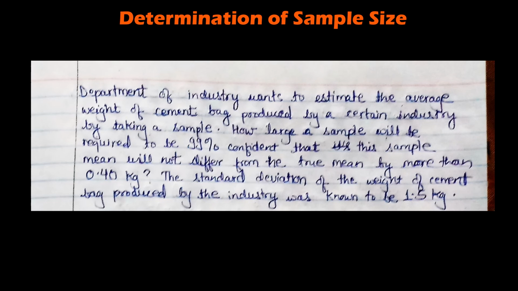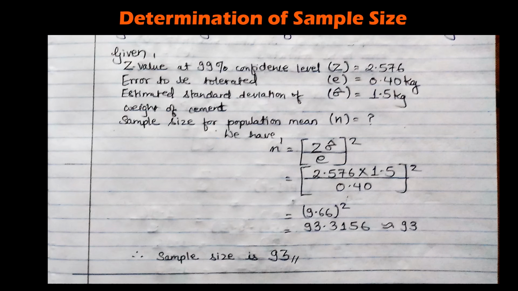So here we have the solution for the given problem, and here we have the z value at 99% confidence level. Z is equal to 2.576, error to be tolerated E is equal to 0.40 kg, estimated standard deviation of weight of cement, that is sigma hat, is equal to 1.5 kg, and sample size of population mean n is equal to what?